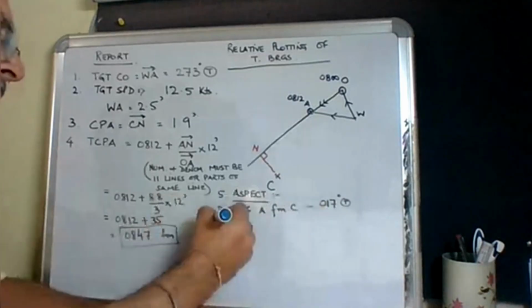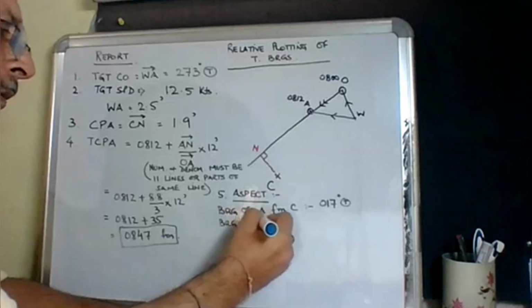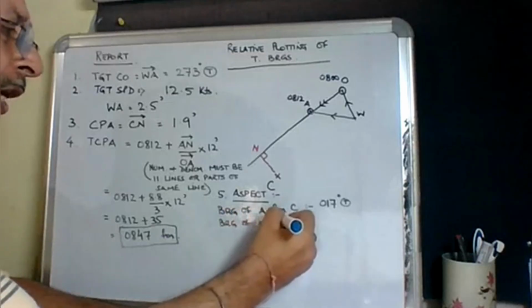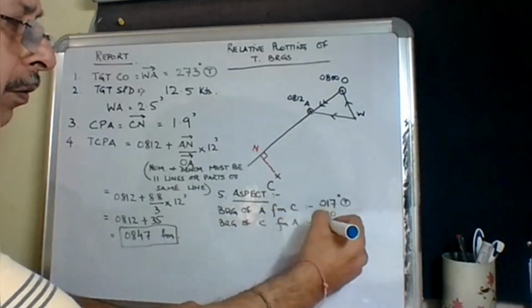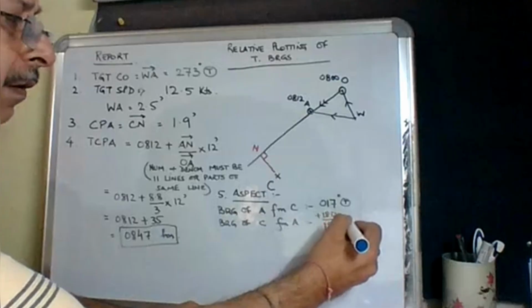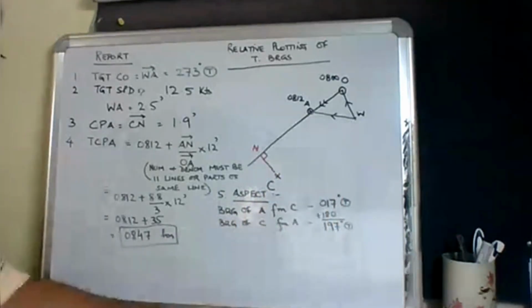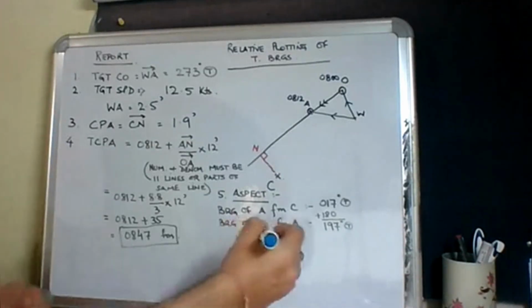Reverse this bearing. So therefore bearing of Charlie from A will be plus 180. It will become 197. This is the bearing of Charlie from Alpha, 197.